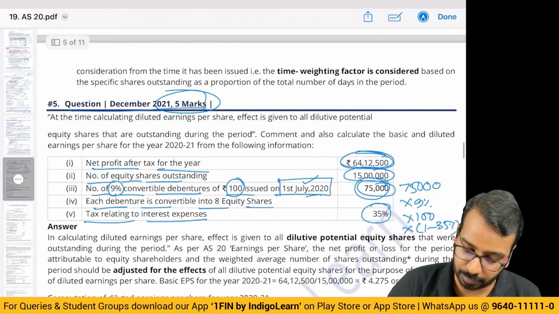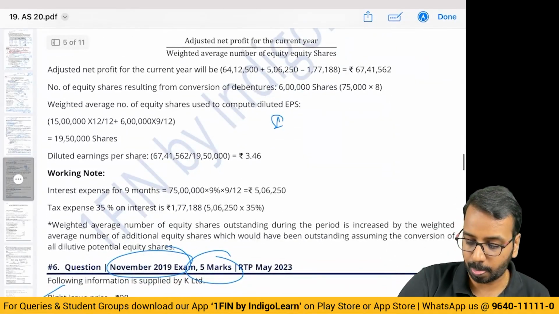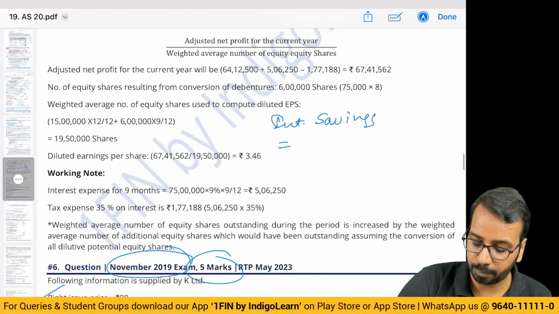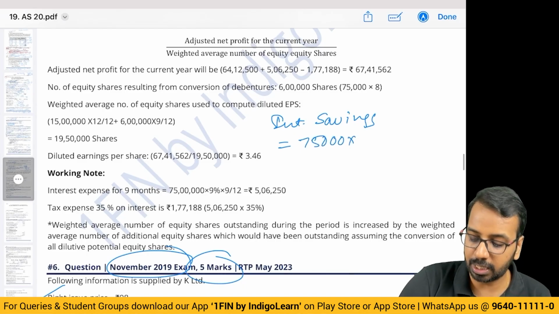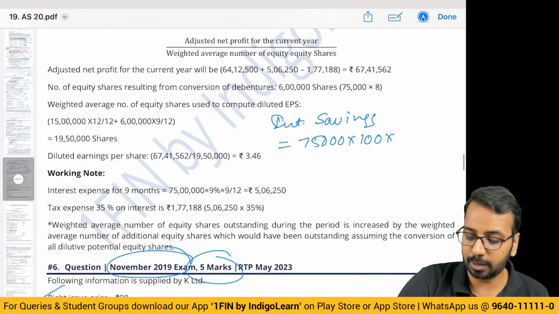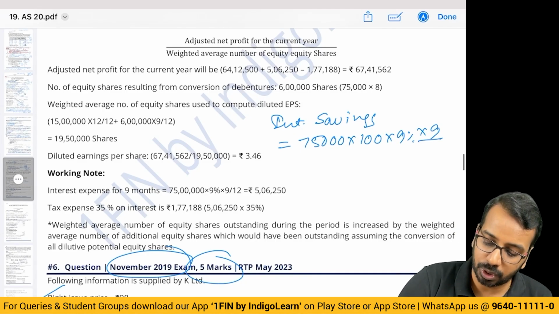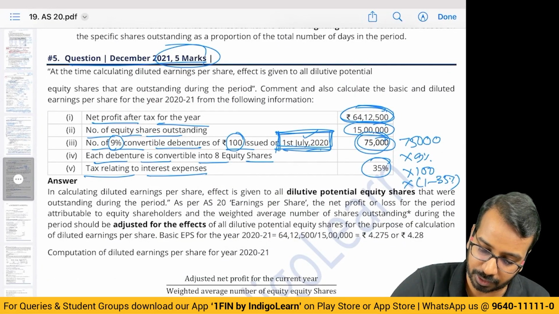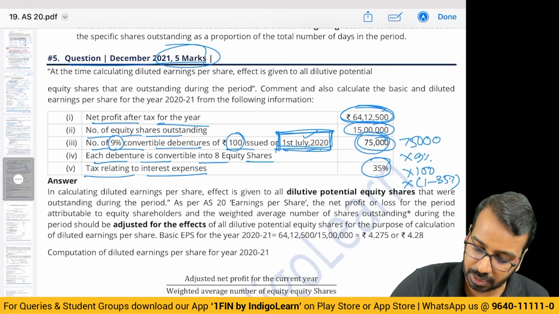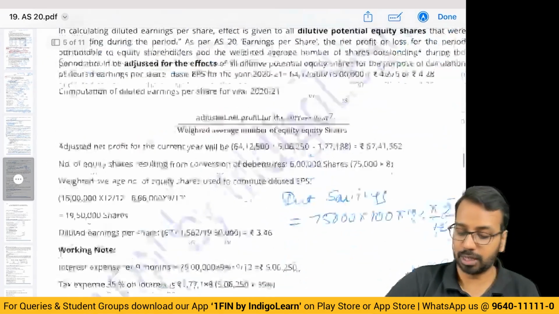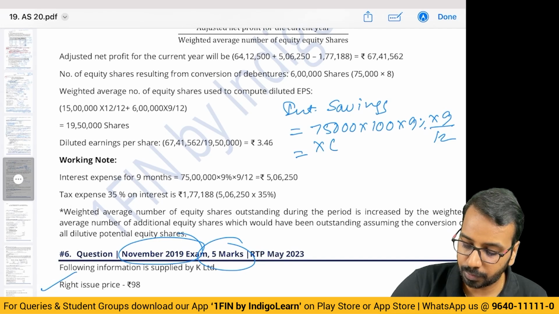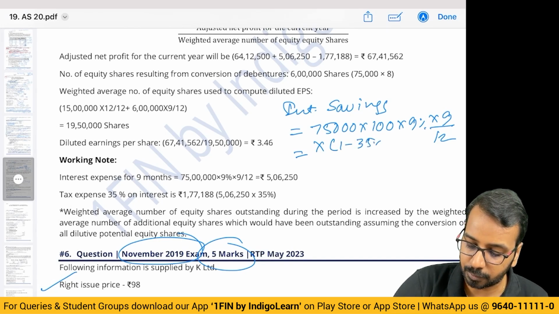Oh, again, see, I missed this. 1st of July. So I'll do it again here. Interest savings is equal to 75,000 multiplied by 100 multiplied by 9% into 9 divided by 12. See, I tell you and I only miss the date. 1st of July 2020, so 9 months. Into 1 minus 35%.